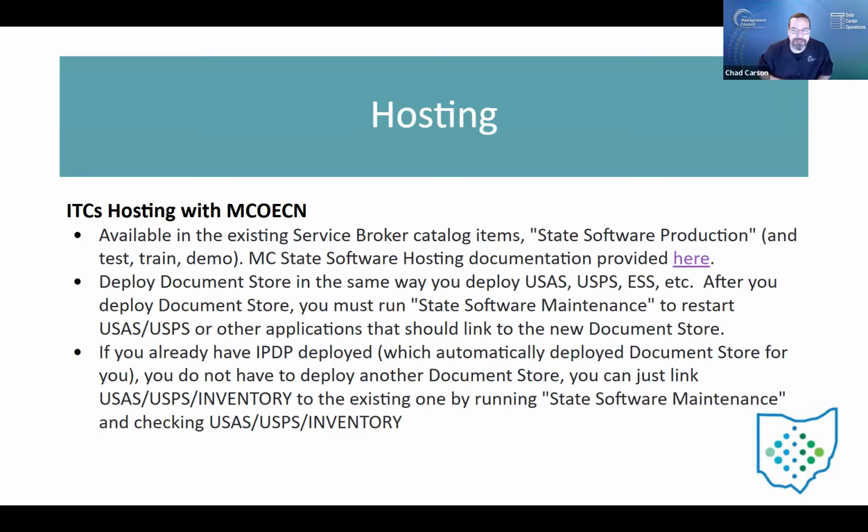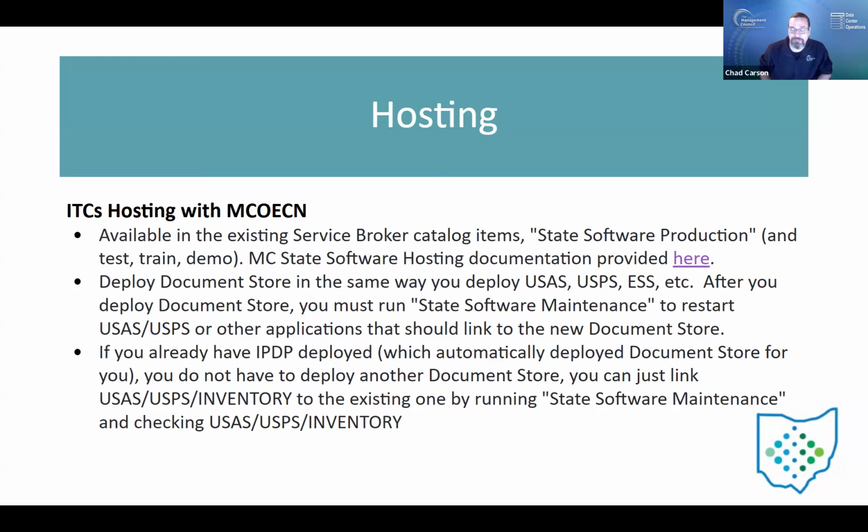You would just do that the same way you do if you're deploying a new production USAS or ESS or anything else. And then after you run it, it does have a bunch of API keys that get generated behind the scenes and link it to any applications that exist. So you would have to run the state software maintenance option to restart those applications so that they apply those keys and link up to the document store.